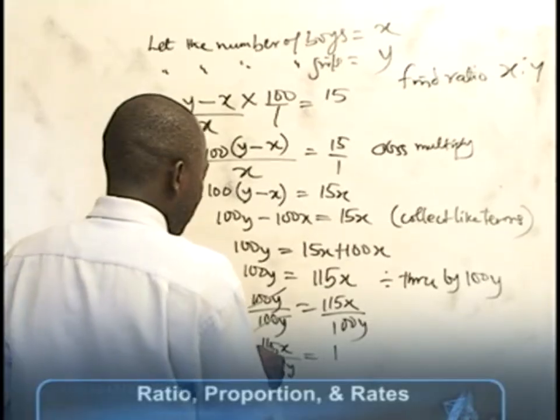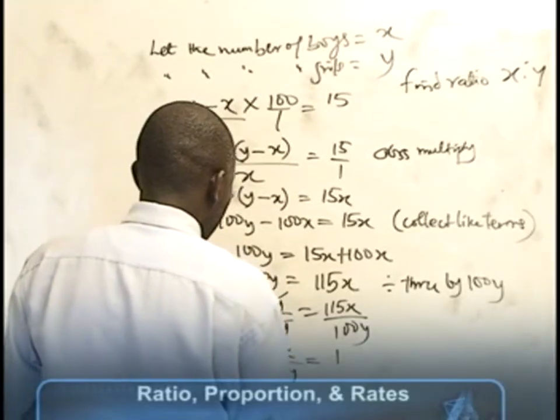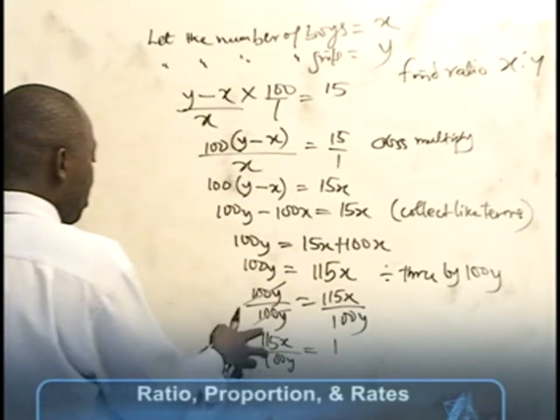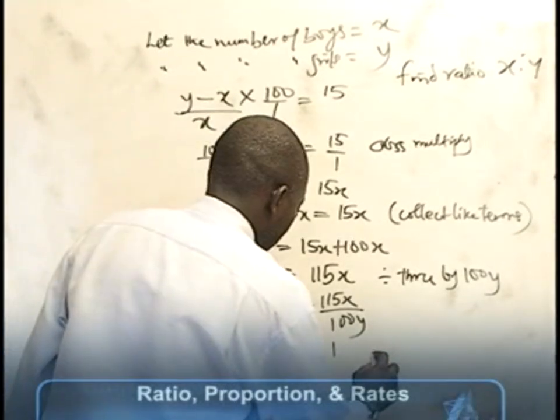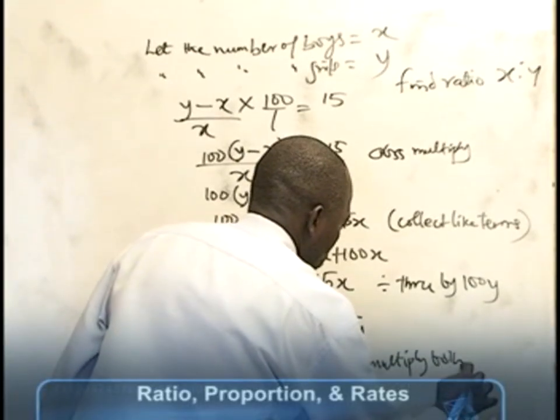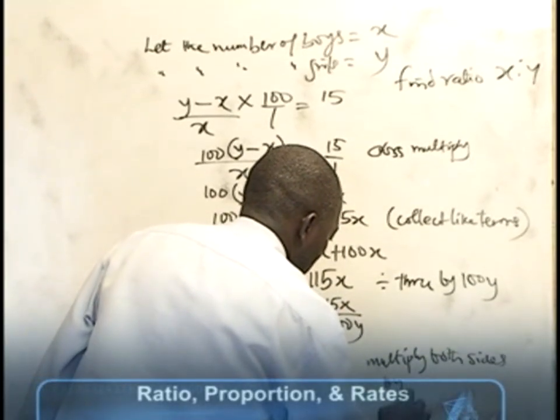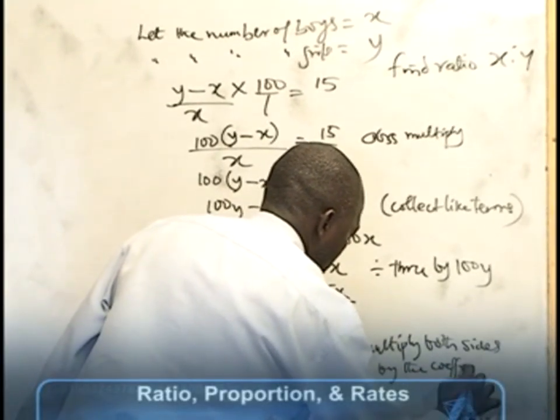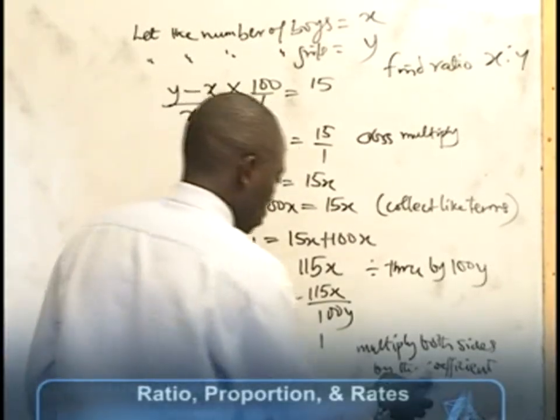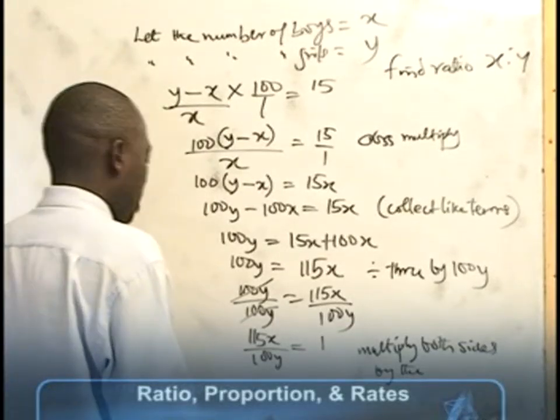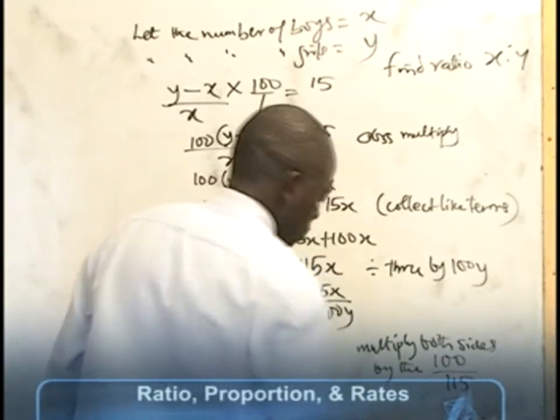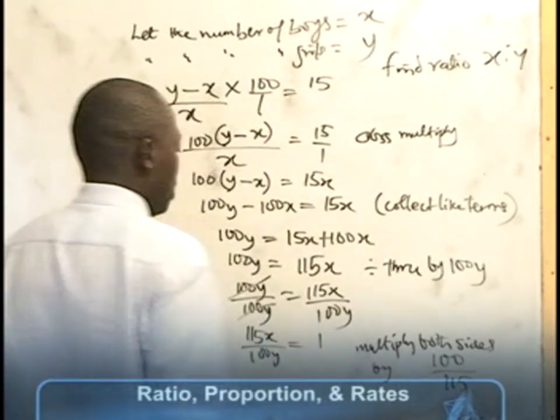Then you can separate this fraction on this side to the other side. To eliminate the coefficient of X over Y, you multiply both sides by the reverse of this coefficient, that is, 100 over 115.